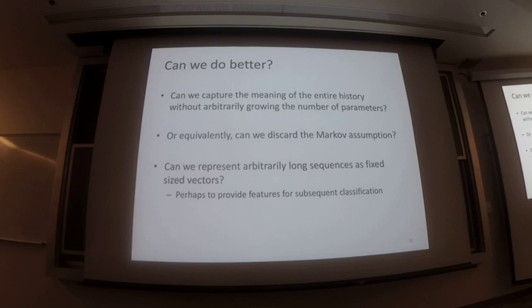Now we are asking ourselves, can we do better? When computing our probability over sequences, we are remembering the entire sequence as it shows up. We have P of the first word, and then when a new word comes, we find the probability of that, so at any state we are in, we are remembering everything.